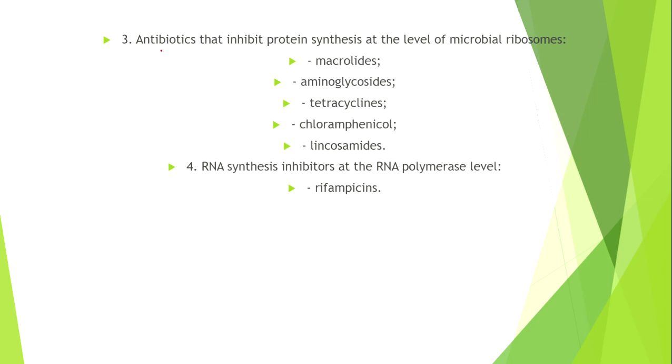Third, antibiotics that inhibit protein synthesis at the level of microbial ribosomes: macrolides, aminoglycosides, tetracyclines, chloramphenicol, lincosamides. Fourth, RNA synthesis inhibitors at the RNA polymerase level: rifampicins. This drug is used specifically to treat tuberculosis. This is an antibiotic of the reserve group.